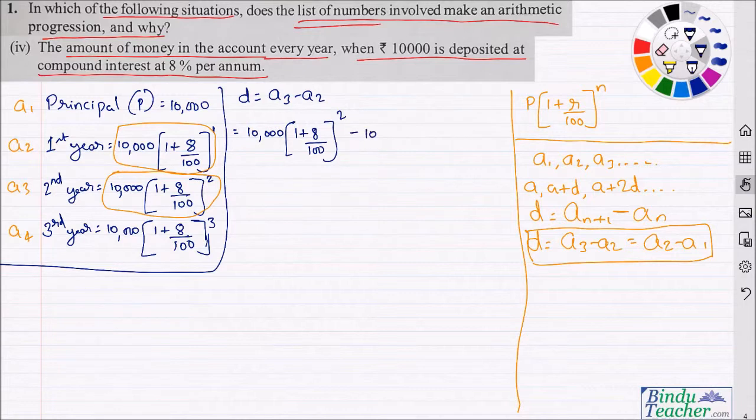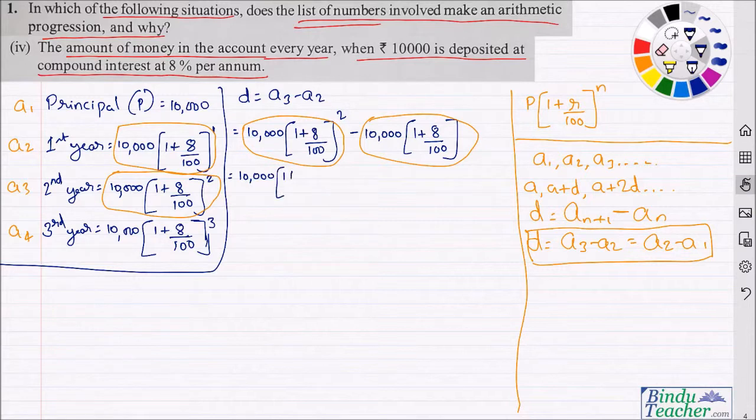A2 is 10,000 into (1 plus 8 by 100). Now let's simplify this. Here you will see 10,000 (1 plus 8 by 100) is a common factor. So I'll take that outside the bracket and I'll write 10,000 (1 plus 8 by 100) into (1 plus 8 by 100 minus 1).